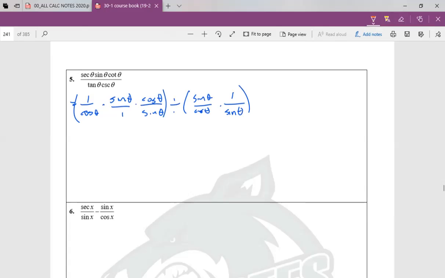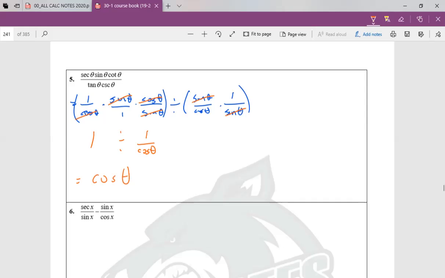We can tidy this up a lot because these are all just multiplying. Cos over cos, sine over sine, sine over sine, and this is 1 divided by 1 over cosine theta. Multiply by the reciprocal.